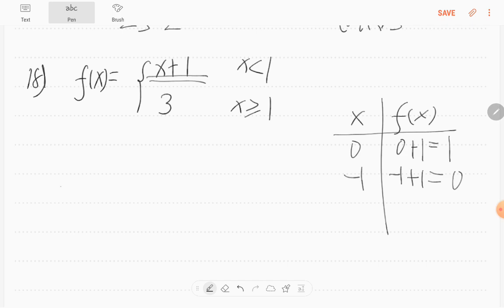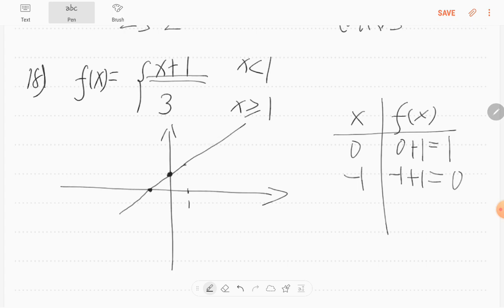So we have 2 points. Here we have (0, 1) and (negative 1, 0). So we connect these 2 points.